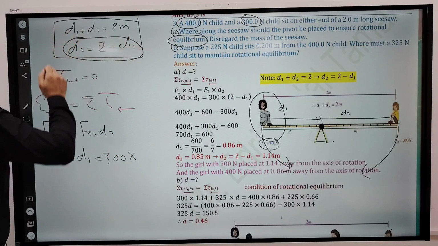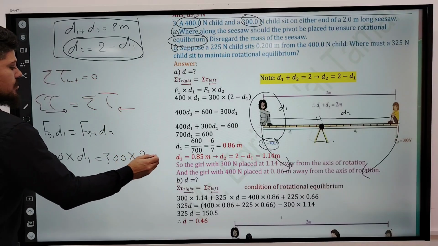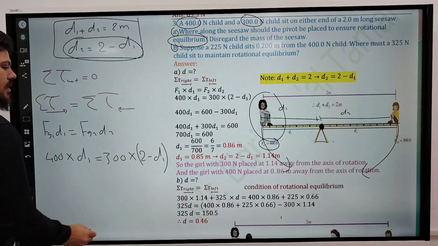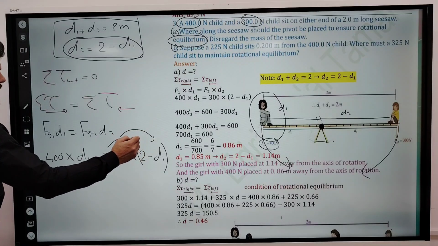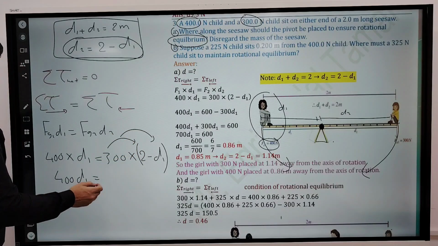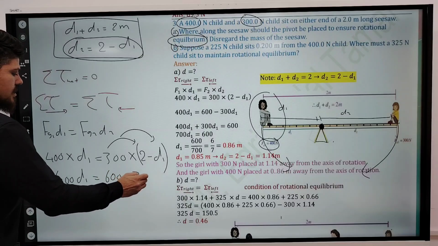I rearranged d2 before solving the question: it was 2 minus d1. So 400 d1 is equal to 300 times (2 minus d1). Open the brackets and multiply: 300 times 2 is 600 minus 300 d1.